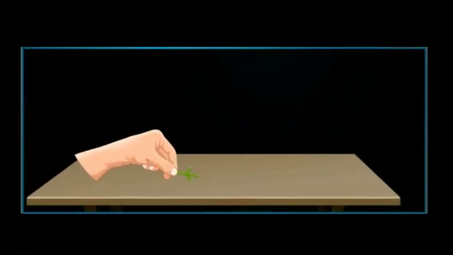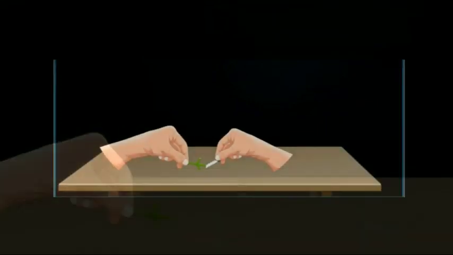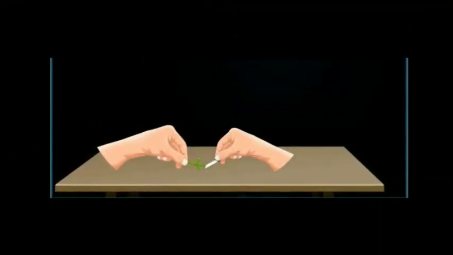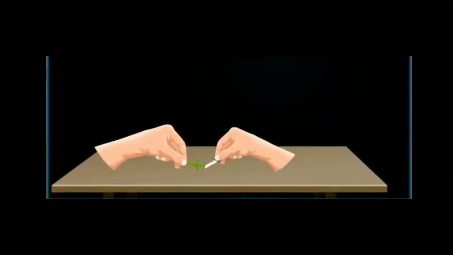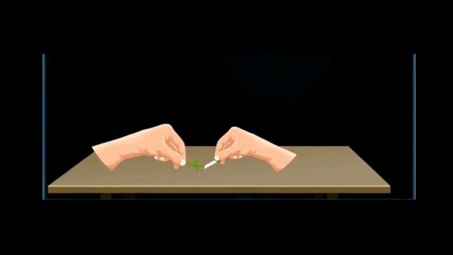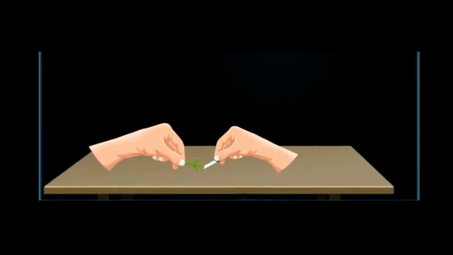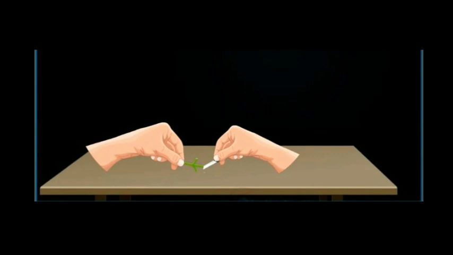First of all, take a small portion of plant stem. Cut a thin cross section of the stem with the help of a blade.